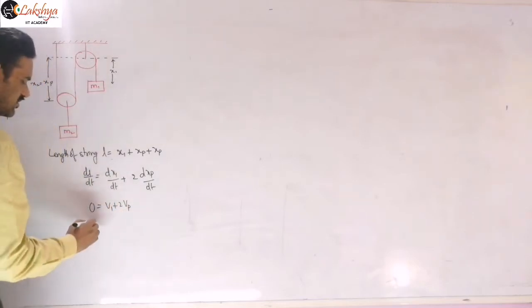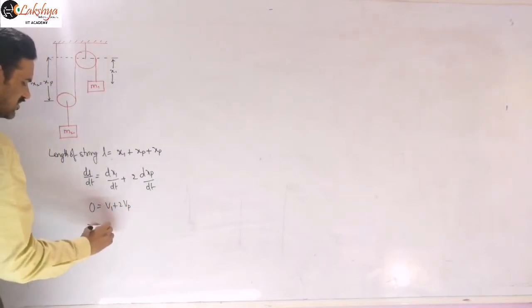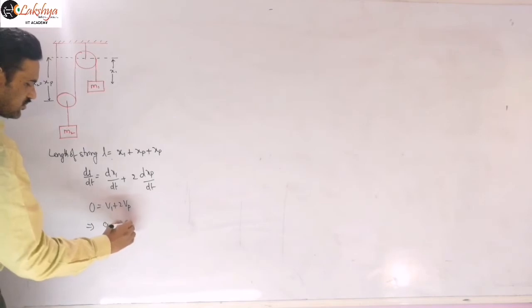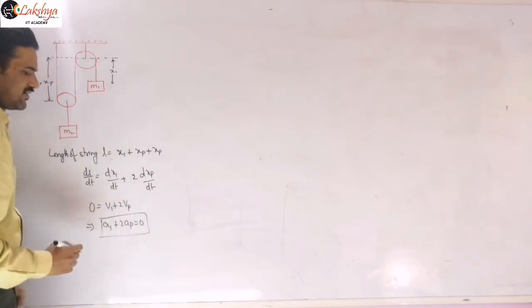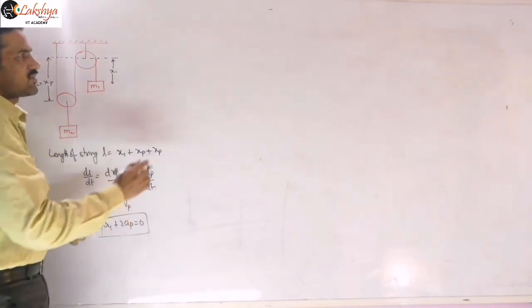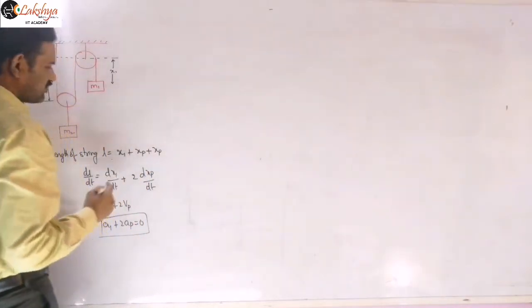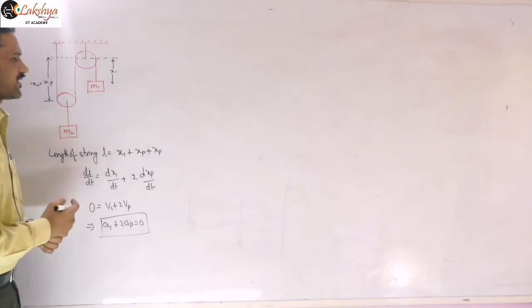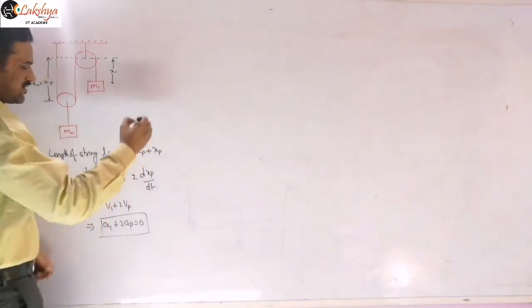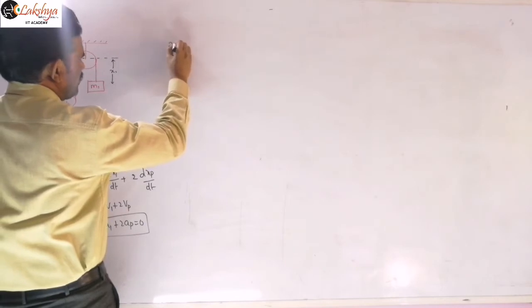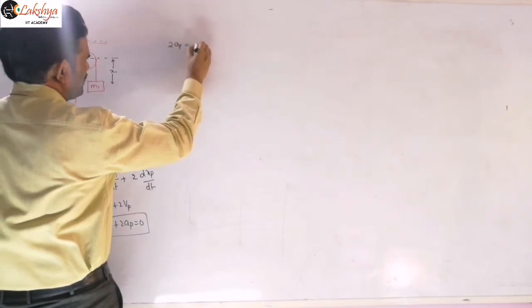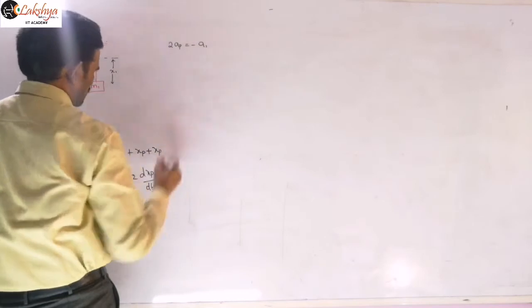Differentiate again, so I can write this equation as a1 + 2ap = 0. So this is our constraint relation here. That means we can write this in vector form as 2 into the acceleration of the pulley is equal to minus a1. This is in vector form.